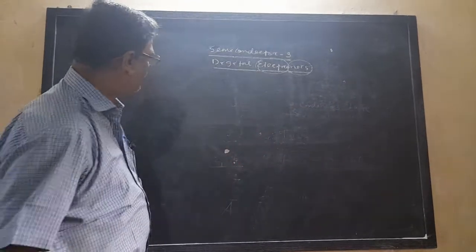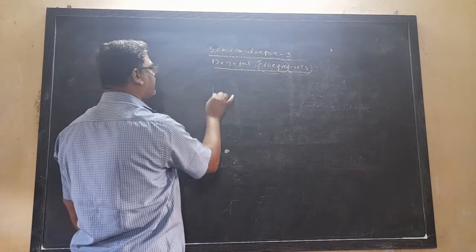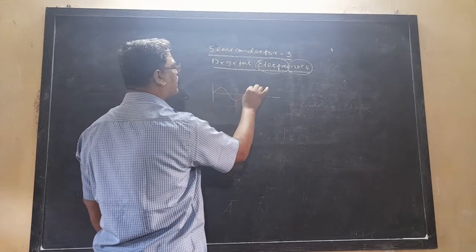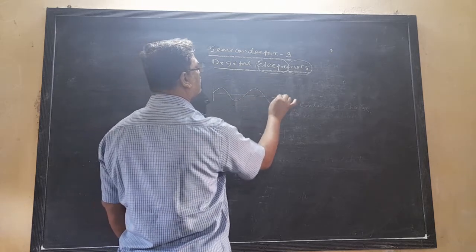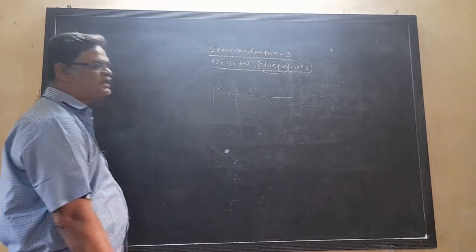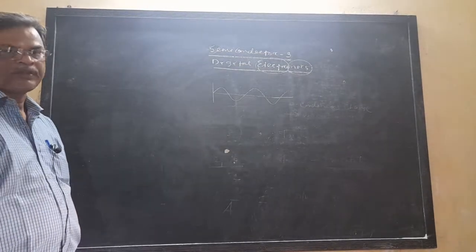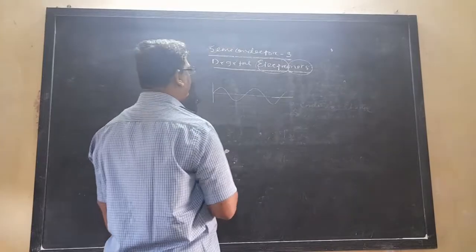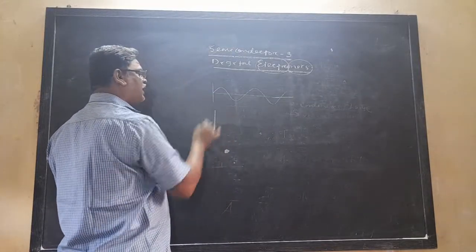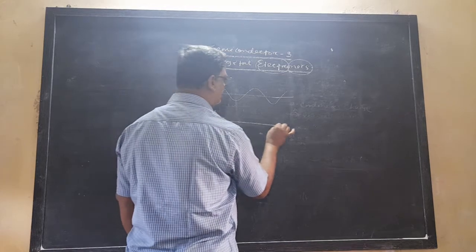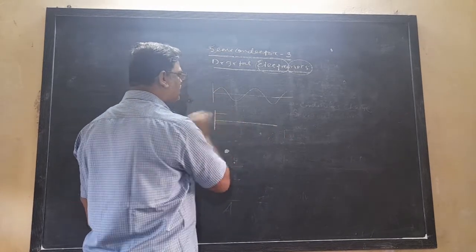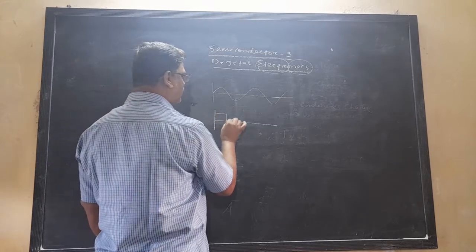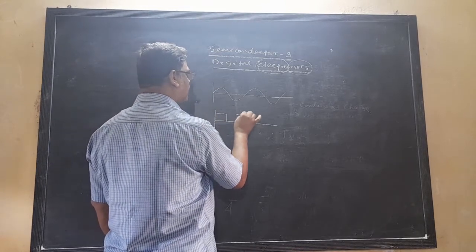For example, this is your sinusoidal, this is the continuous. It continuously changes the value of current or voltage with respect to time. The analog is continuous, and the digital is a discrete, constant value for a certain period, then it is 0, then this, then this.